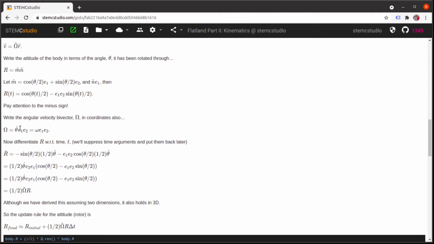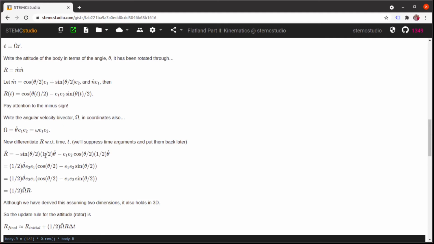Actually, there's a sign difference, but you'll see why that is. So if we bring that out, then there's the half theta dot factor, there's the cosine theta over 2, E1, E2, and we interchange E2, E1, or minus E1, E2, and we get E2, E1. So that takes care of that.